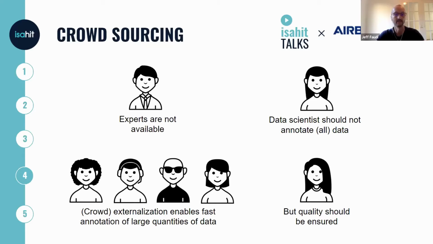So that is super good for us to enable fast annotation of large quantities of data. But the drawback that comes with that is that there are usually inconsistencies between the people, and then we definitely need to work on the quality and make sure that we have very good quality control in place.